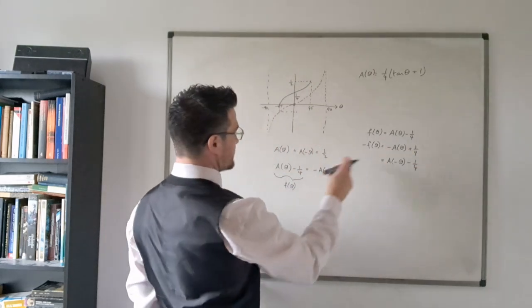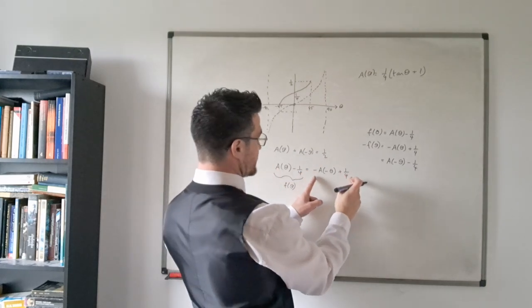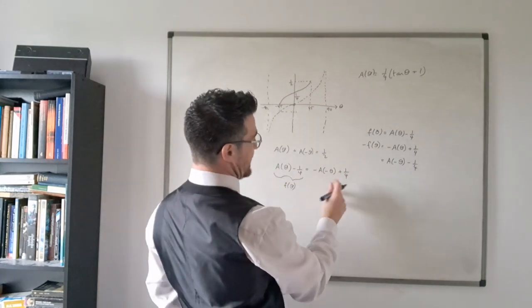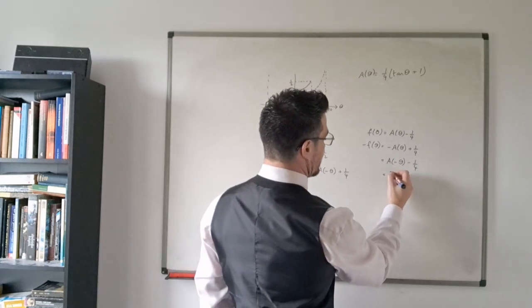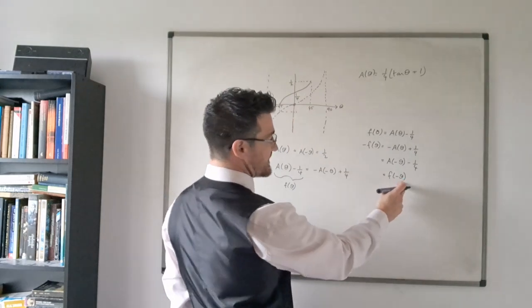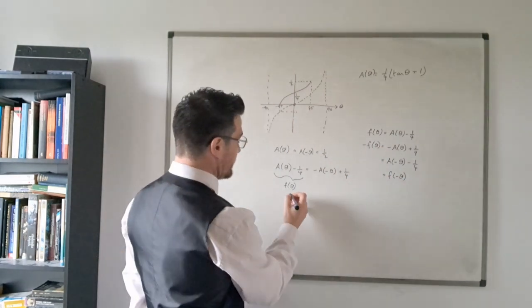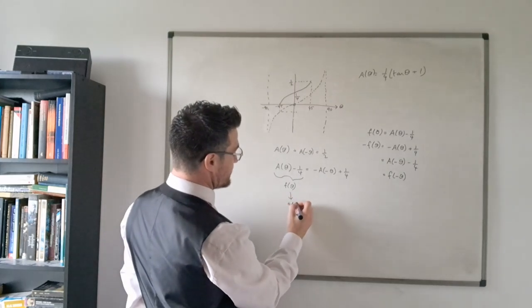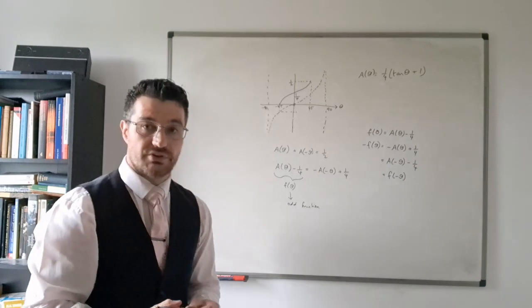So minus a of theta plus a quarter is the negative of this, which, if I multiply this by minus 1, I get this. But that's just equal to what? f of minus theta. So f of minus theta is equal to minus f of theta. So f is an odd function.